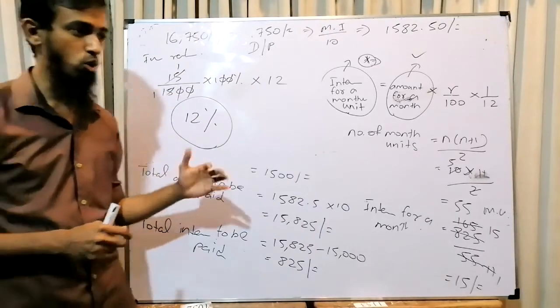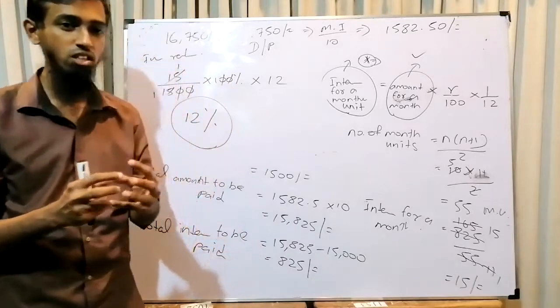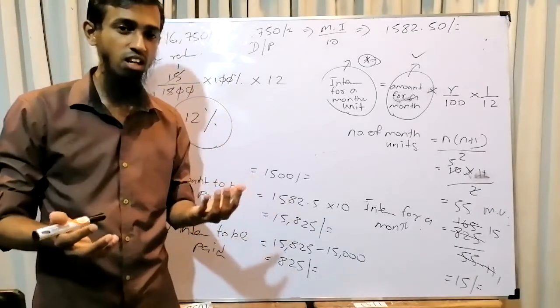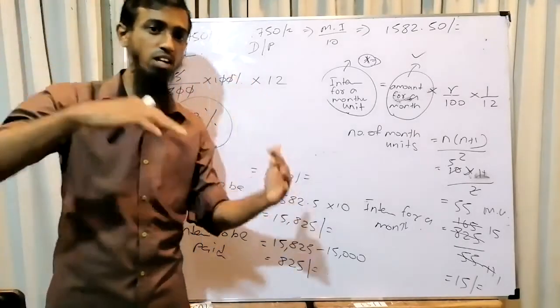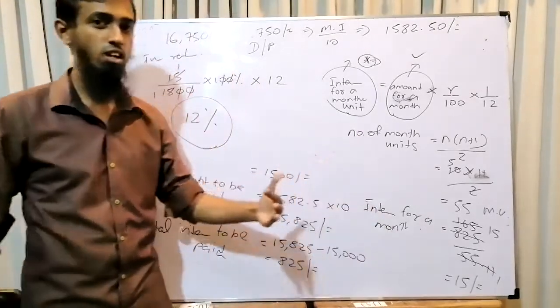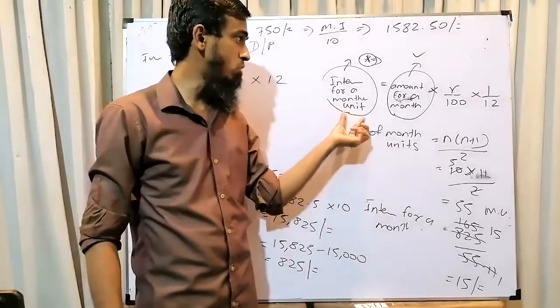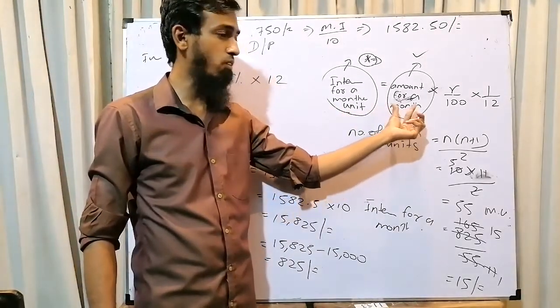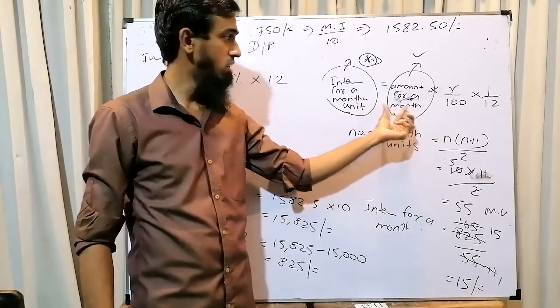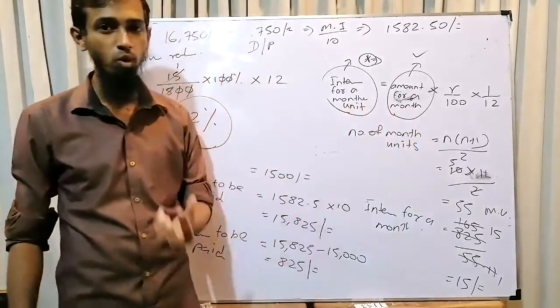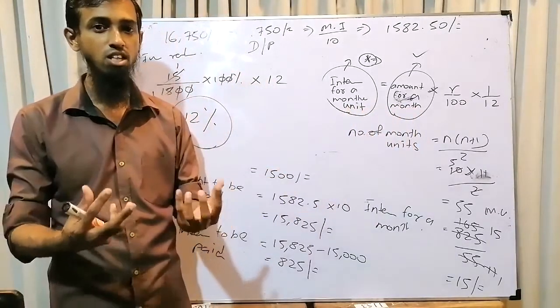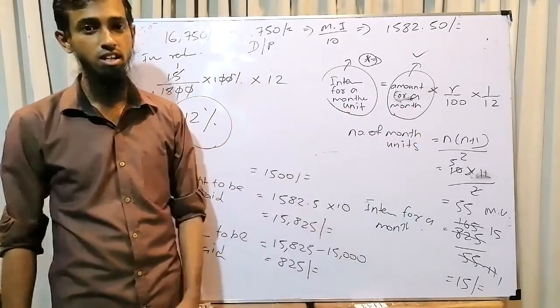We need to know which points are interconnected with each other, so we can work in reverse. Basically, we need to remember the interest for a month unit and the amount for a month. These two are the important things. If you find these two, you can easily calculate the interest rate.